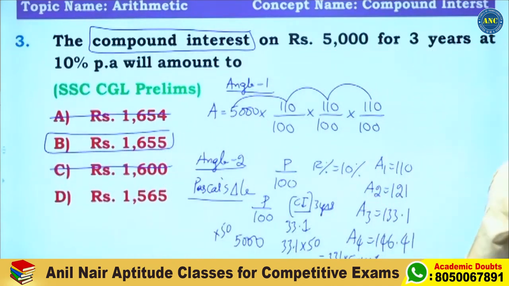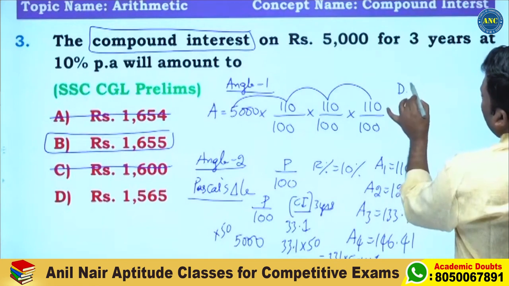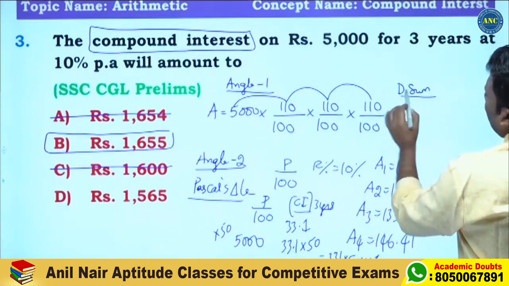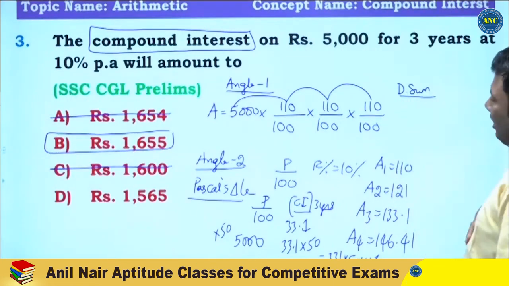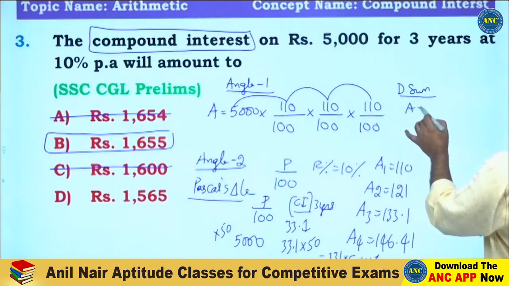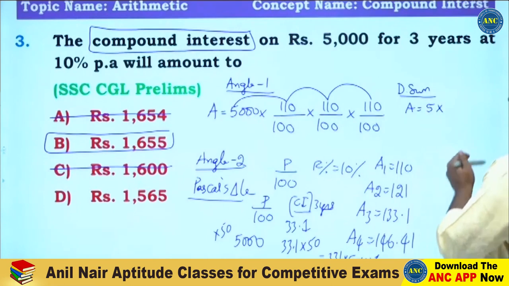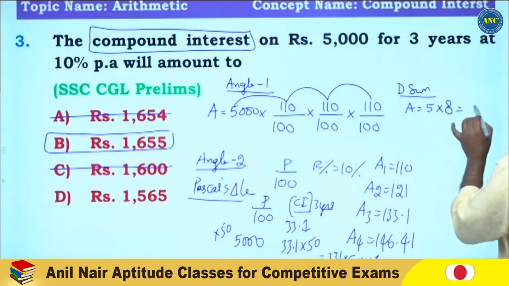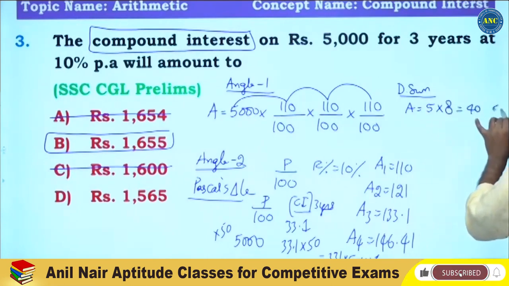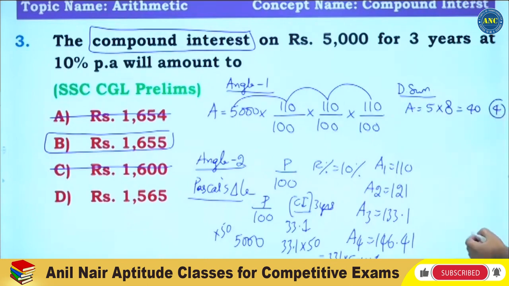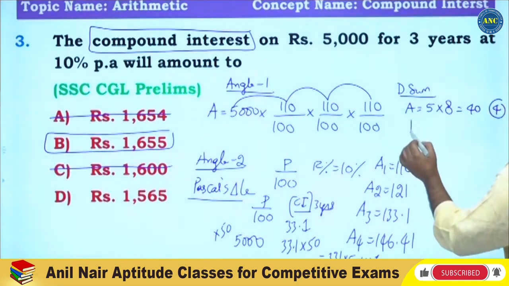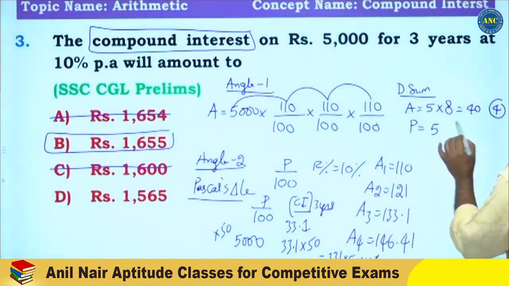Angle 1, listen carefully, sir. What is the digital sum of A? The amount's digital sum: 5,000 into 110, 2 into 2 into 2, 8. 5 8s are 40, and the digital sum of 40 is 4. The amount's digital sum is 4. The principal's digital sum is 5.